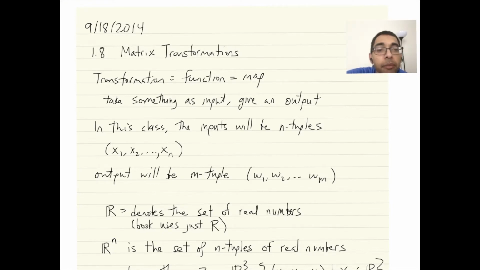Now, just a piece of mathematical notation, R, written like so, denotes the set of real numbers, and our book just uses this regular R. Mathematicians tend to write this form of R in their papers and on blackboards. And then R^n, R raised to the n, is the set of n tuples of real numbers.